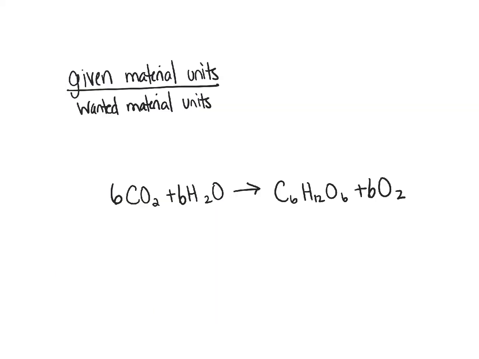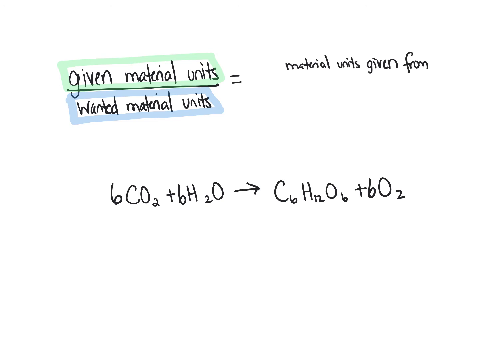So the basic idea for solving these problems is to put your given material and the units on the top and put the material you want and the units on the bottom. Then you can set that equal to the material and units that you're given, and you look at the information in your balanced equation.